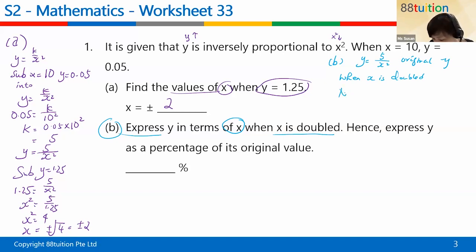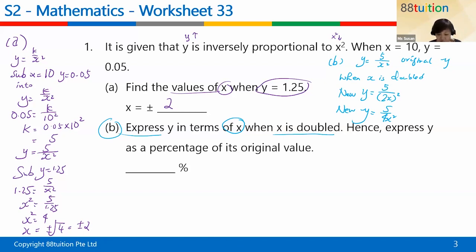So this new y will be equals to 5 over, and now it's double, right? 2x squared. So therefore, your new y will be 5 over 4x squared. Right? So after expressing y in terms of x when x is doubled, this is your new y.